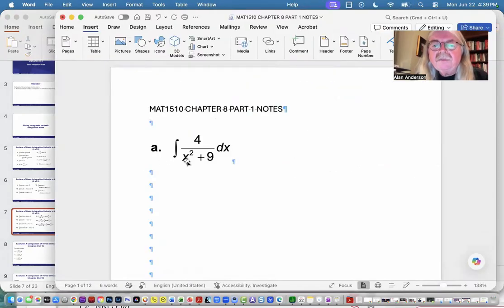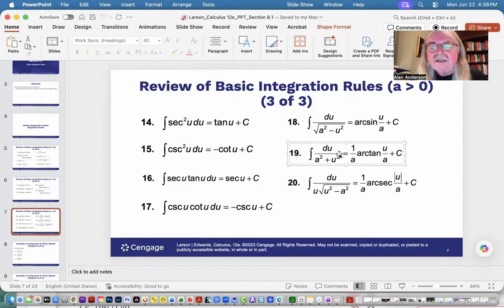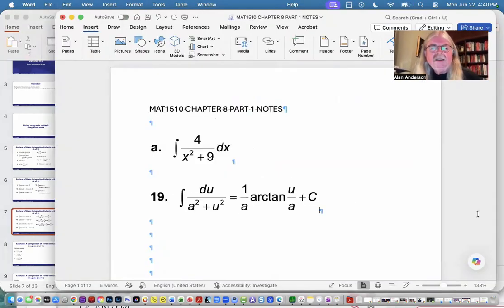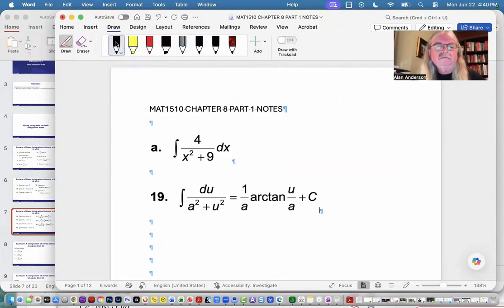You could think of both of these as squares, by the way, because 9 is just 3 squared. So it looks like this might be the one we want right here, because if we replace u with x, and a becomes 3.